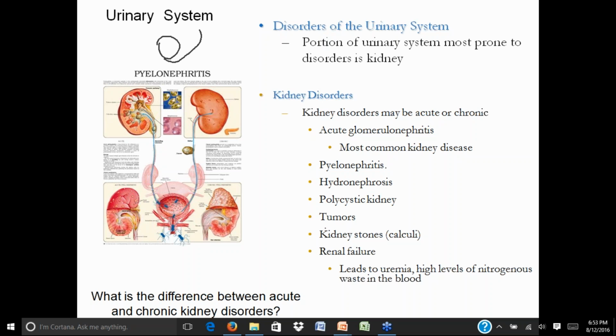Glomerulonephritis is closer to the cortex. Meantime, glomerulonephritis is mostly what we call the upper urinary system, and the pyelonephritis starts in the lower urinary tract, but they can actually produce problems in the glomerulus. In this case, pyelonephritis can lead into glomerulonephritis.